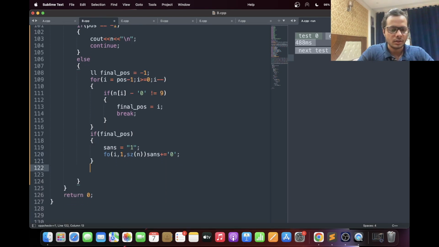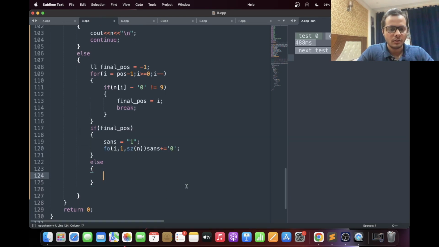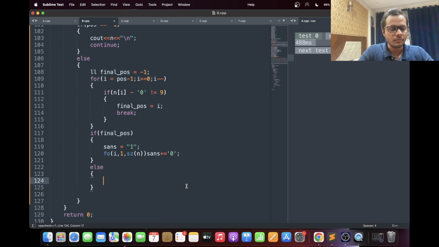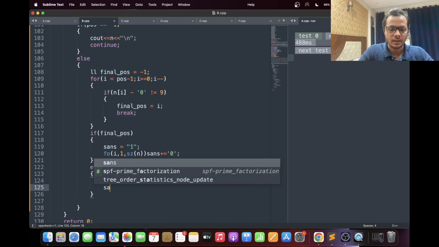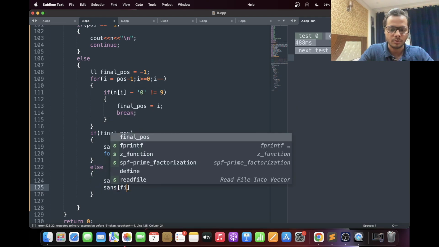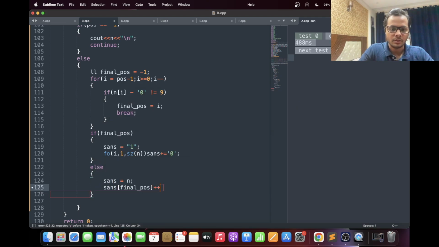Yeah, that makes sense. Otherwise, we'll say that answer is equal to n, and answer of final pos plus plus, and all the other elements to the right of it would become 0. Okay.